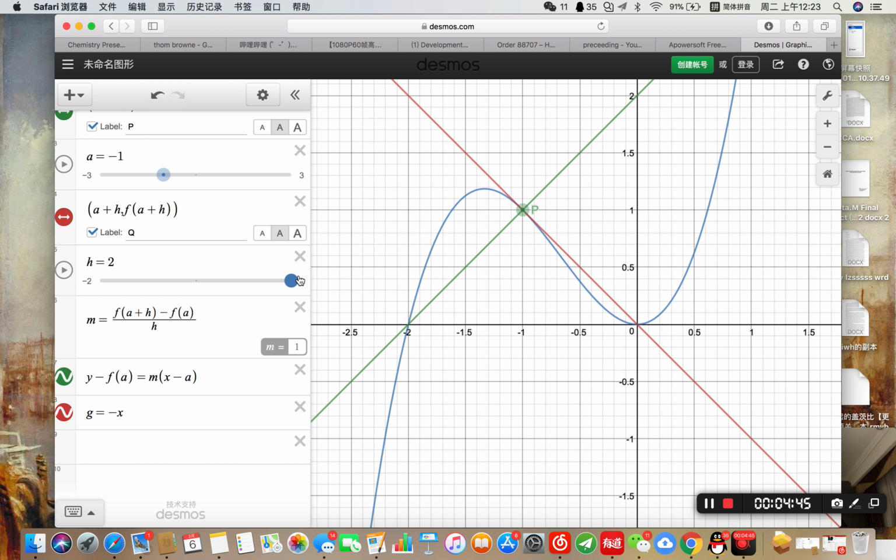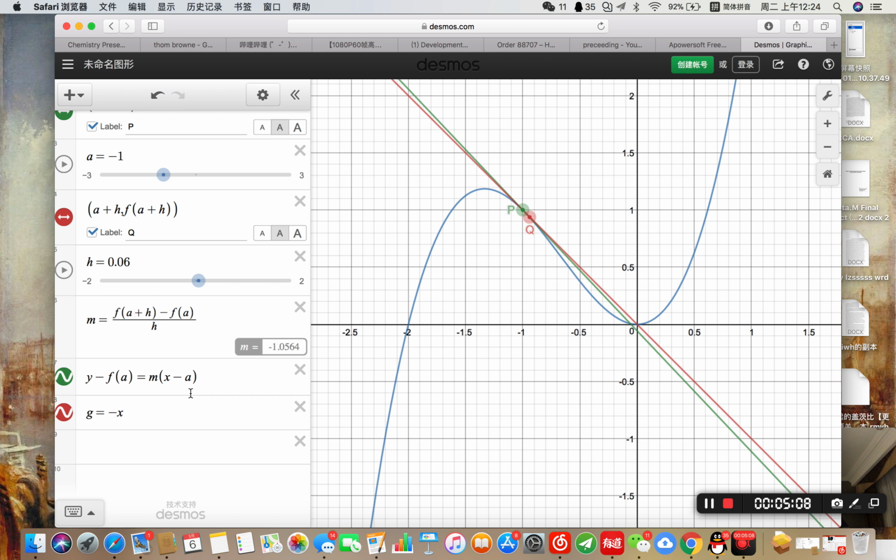At the beginning, it is away from the actual tangent line, and when it gets smaller and smaller, it also becomes almost the same line as the tangent line.